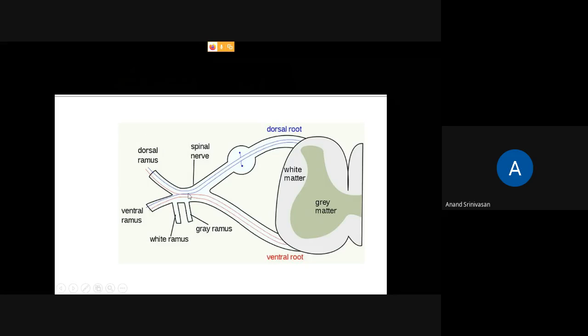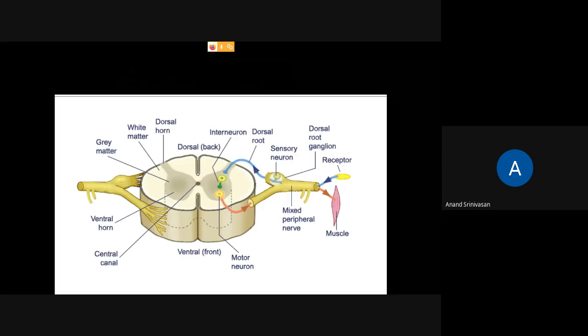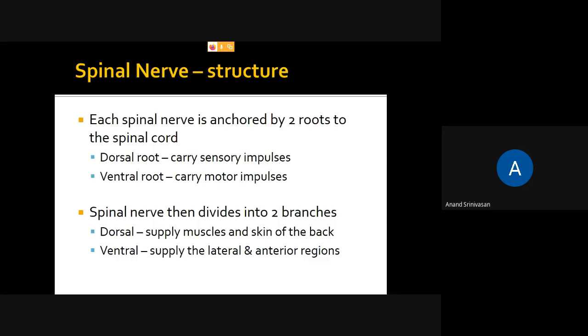It supplies the muscles and skin on the posterior aspect of the body, that is our back. Whereas the ventral ramus supplies the structures on the anterior part of our body, the lateral and anterior regions. So dorsal root and dorsal rami are entirely different.